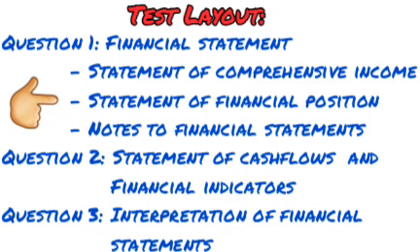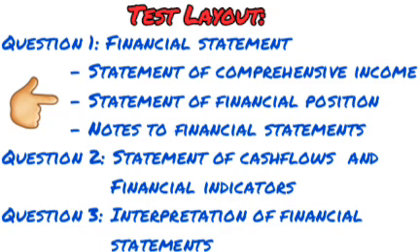So you can get all 3 of these things in the same topic, meaning you can get the statement of comprehensive income as well as the statement of financial position and 1 or 2 notes that go with the information on both of those statements. So you can really expect anything.